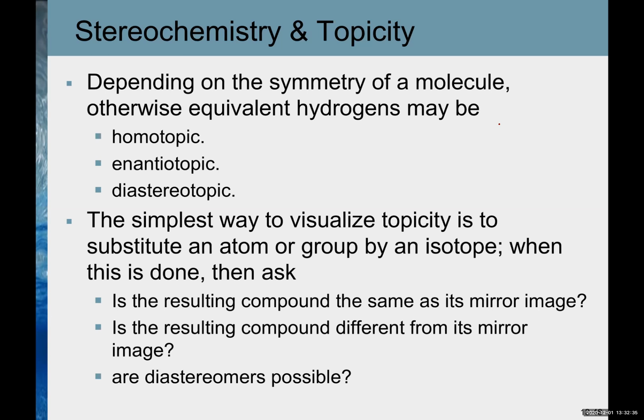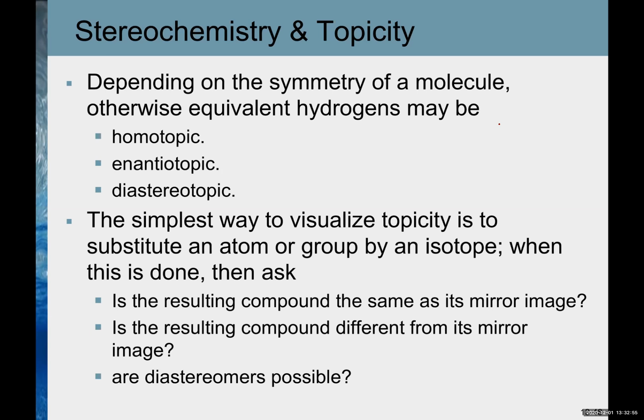In the beginning of this chapter, when we defined equivalent hydrogens, we kind of oversimplified it. When we said that if there is a plane of symmetry they are equivalent, that was an oversimplified explanation of equivalent hydrogens.